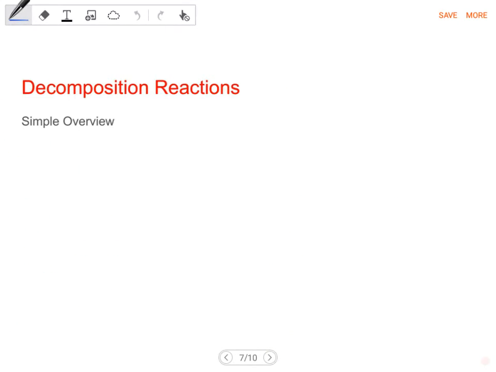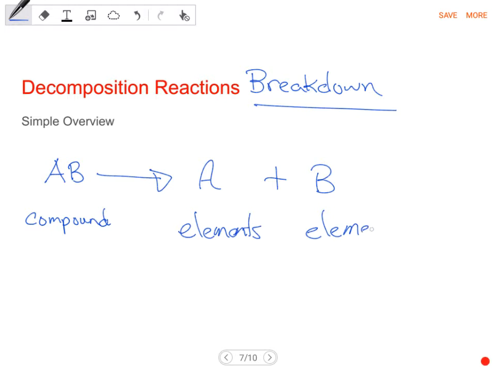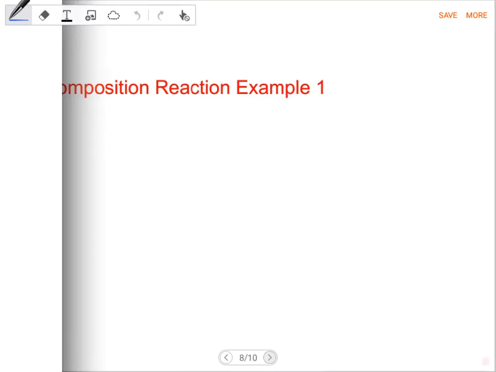Okay, now we can change gears a little bit. Decomposition is just the opposite. Decompose, in my mind, means break down. In terms of the simple letters, this is where you start with AB. You start with a compound, and they break apart into A and B, which are elements. Okay, so we'll give some examples a try.